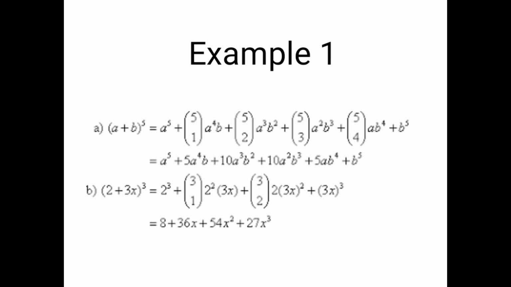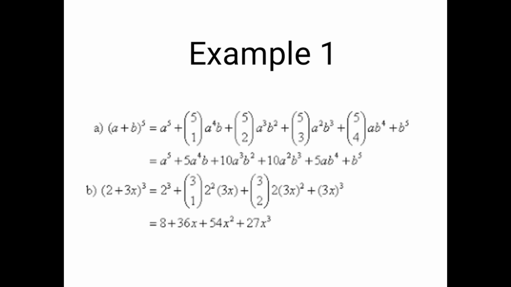So from binomial expansion, we shall have 2 raised power 3 plus 3 combination 1 times 2 raised power 2 times 3x plus 3 combination 2 times 2 times (3x) raised power 2 plus (3x) all raised power 3.